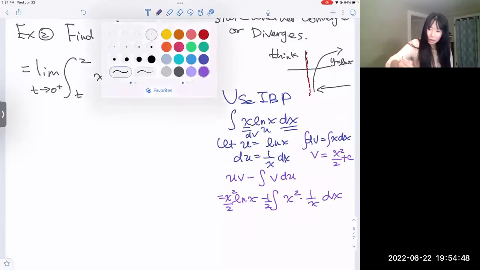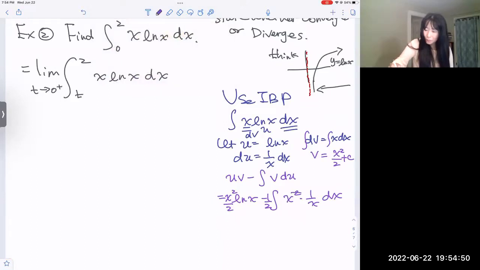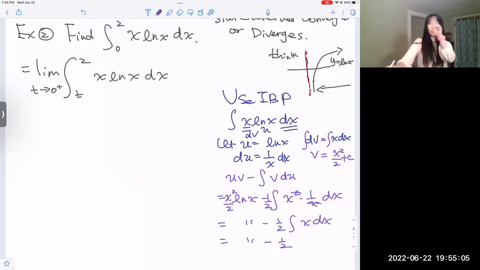All right, so then we simplify. There is x. So minus 1/2, we have x dx. The integral of x, what do you have? Same thing over here, right? So we have x squared over 2 plus c.